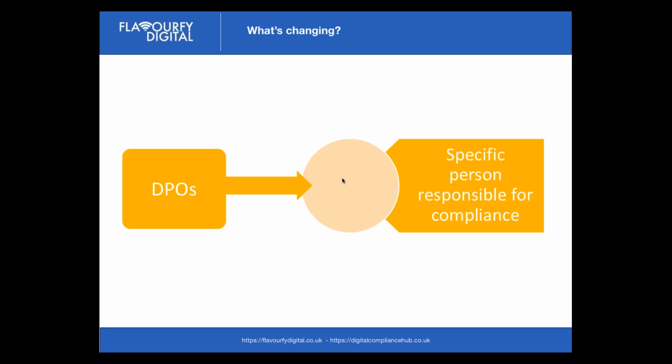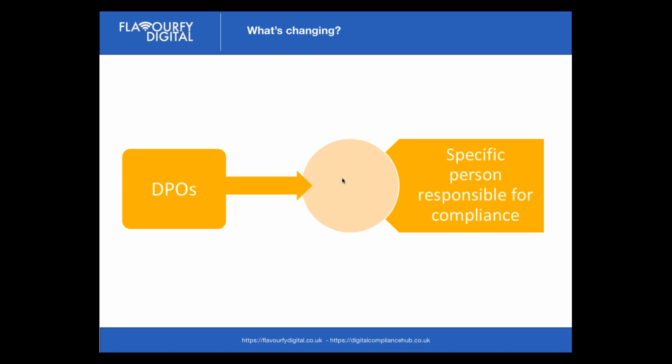There are some examples in the guidance from the European regulators, but you might need to think carefully about whether your core activity is processing data, and if it is, whether it's defined as regular and systematic monitoring, and whether it's on a large scale.